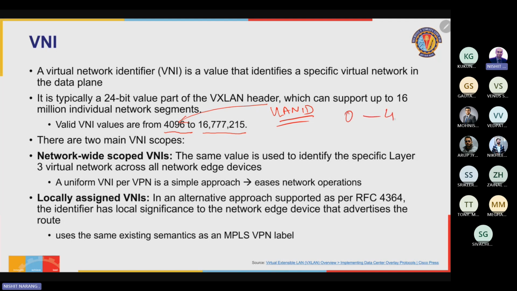I'm just guessing that they wanted to avoid the overlap with VLAN ID. So 0 to 4095 are the IDs used for VLAN ID to identify tenant specific networks. They avoided the overlap by saying, okay, we can continue to use 0 to 4095 as the virtual networks identified using VLAN ID, and beyond 4095, from 4096 to 16 million plus, these are the networks which we will identify using VNID in the VXLAN header.